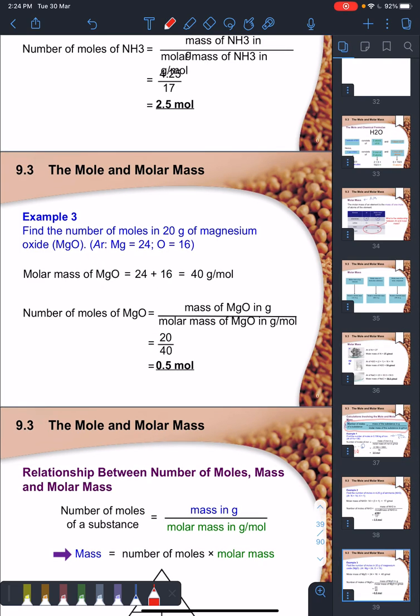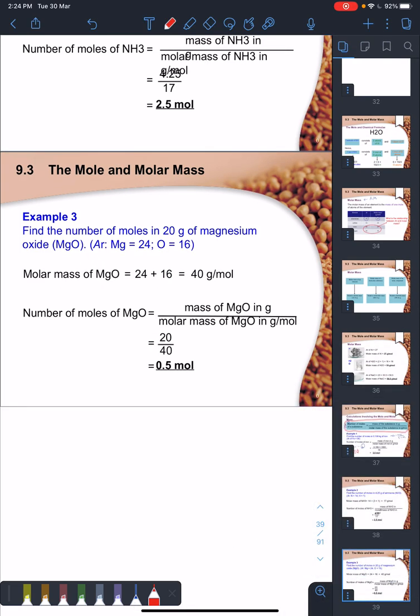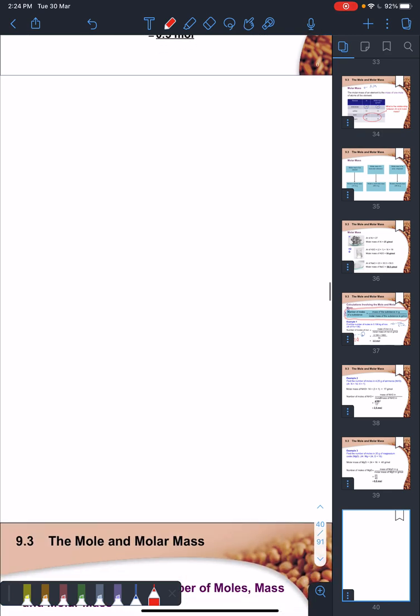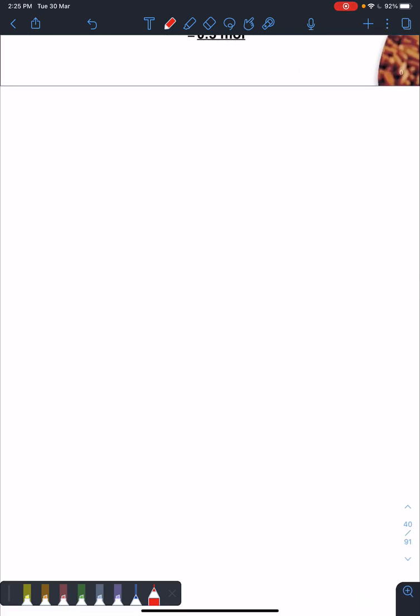Okay, so now let's try combining both equations. So the two equations you learn now is mole equal to number of particles divided by the Avogadro number. So this is referring to your ions, molecules, atoms, or essentially things that you cannot see, microscopic.